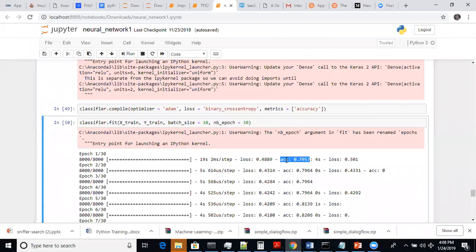So for all the 8,000 records, this is the mean of that, right? The mean is the total over the number of samples, and this is the mean of the loss. Again, it will fill up in all the network inputs, go through the hidden layers, and get the output accuracy. So every time it is working on that.